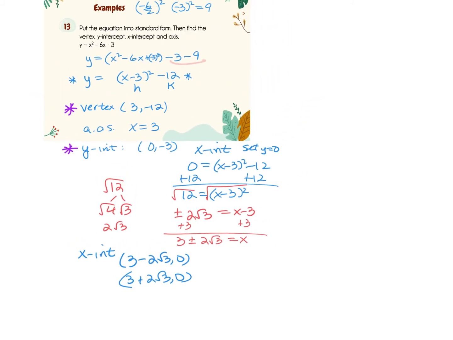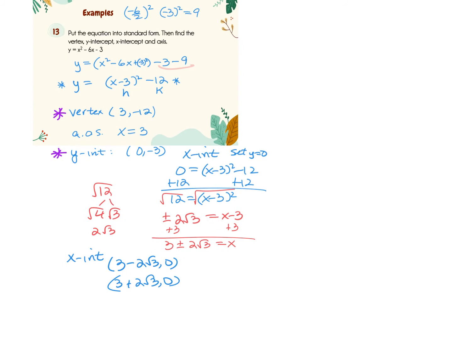So if we just do a quick rough graph here, it's going to be kind of low because my vertex is at negative 12. So 1, 2, 3, 1, 2, 3, 4, 5, 6, 7, 8, 9, 10, 11, 12.